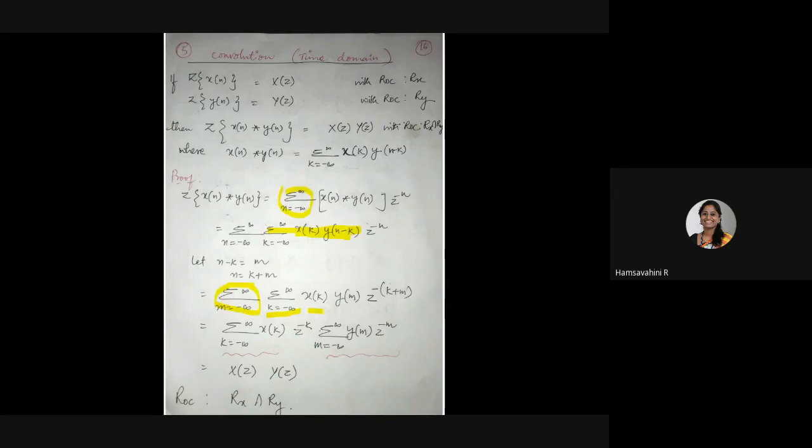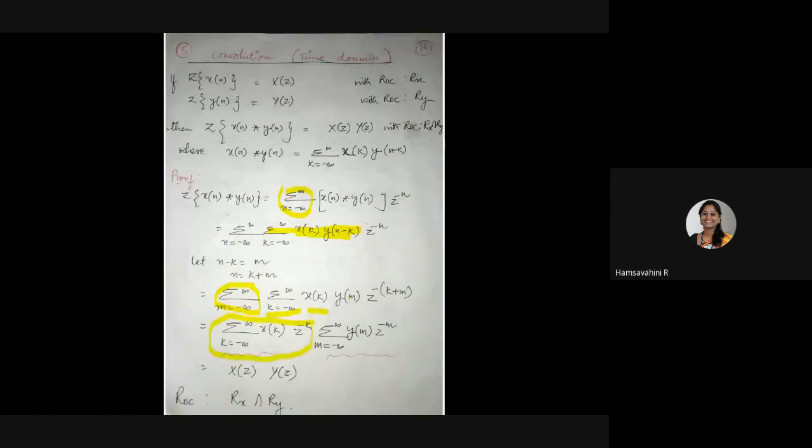Now n minus k is replaced with m, so y of m, and z power minus n is replaced with z power minus k plus m. Now k equal to minus infinity to plus infinity, x of k, and here z power minus k I'll be taking. This I'll consider as one term.